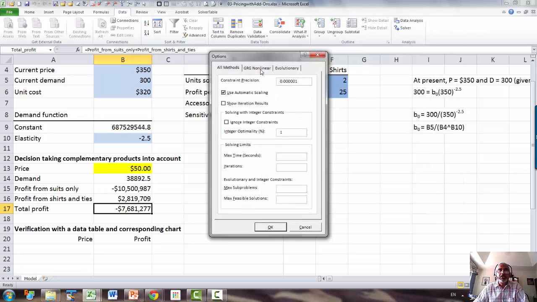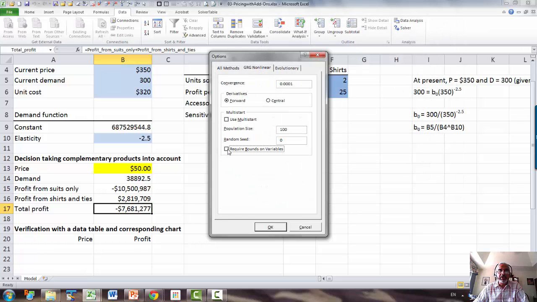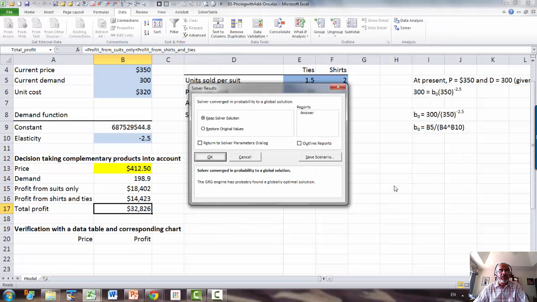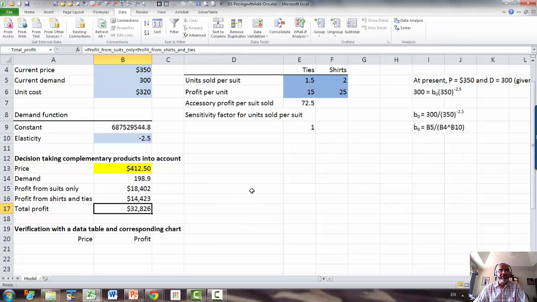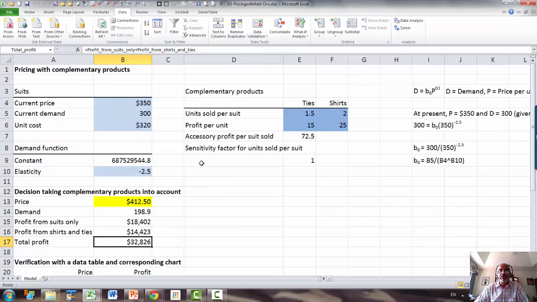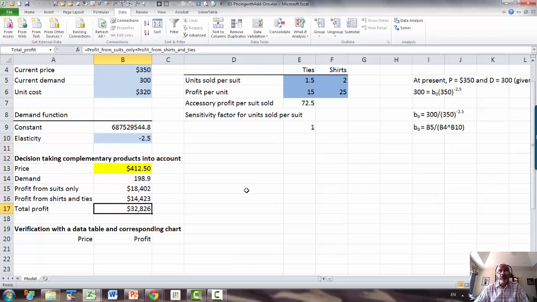Go to options, GRG nonlinear, we'll uncheck this and use multi-start. Click OK and solve. Now we have the best price for the suit at which we will sell on the average 198.9 suits, and we will also generate for each of them that much of profit from shirts. So suit profit will be 18,402 and shirts and ties profit will be 14,000.